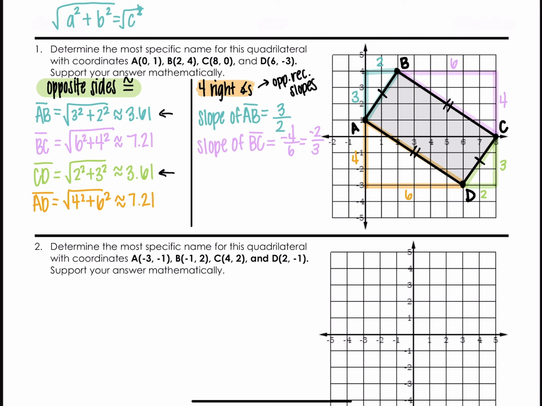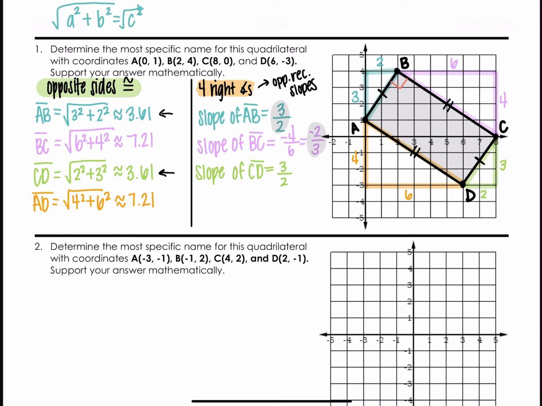Well, noticing what's going on here is really crucial to this. For the first line, I got a slope of 3 over 2, and for the second line, I got a slope of negative 2 over 3. Those are, in fact, opposite reciprocals. So what does that tell us? It tells us there is a right angle between those two line segments. Let's keep going and see if that still happens on the other ones. The slope of CD, again, increasing over time, went up 3 and over 2, so a slope of 3/2.